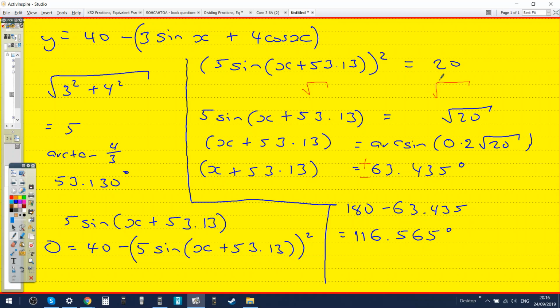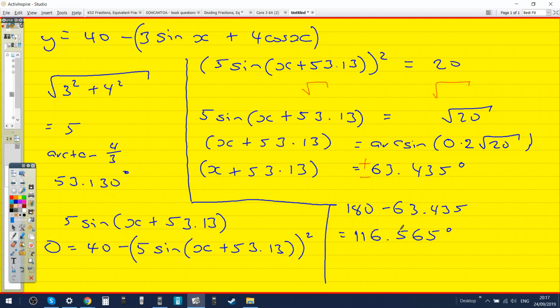I'll just rewrite this. Okay, so then you use minus 63.43 minus 53.13.